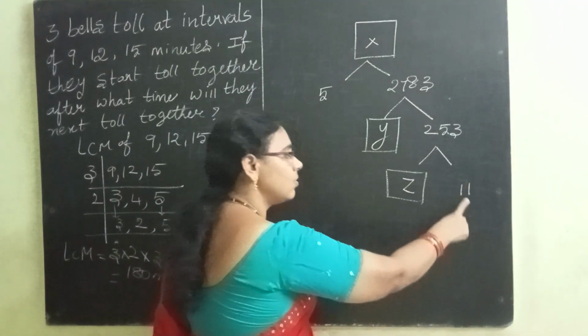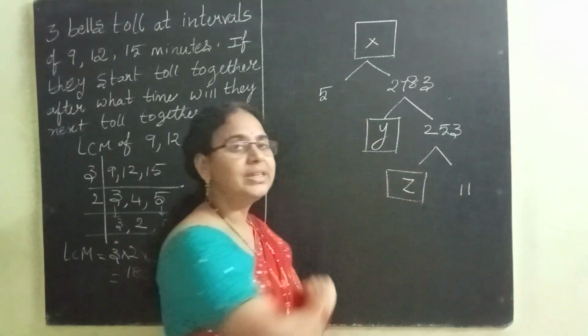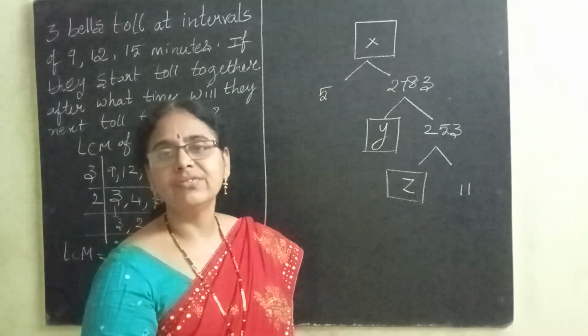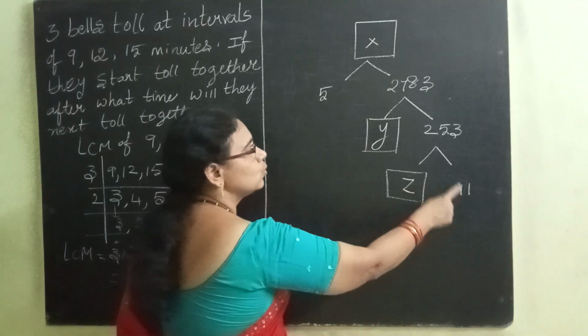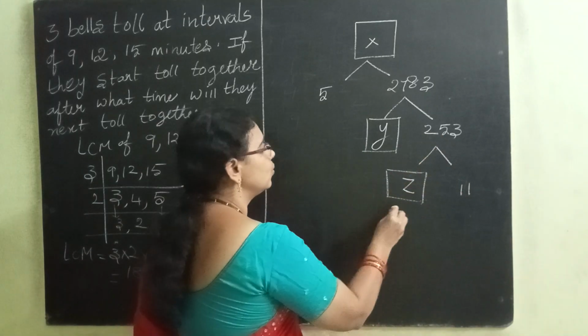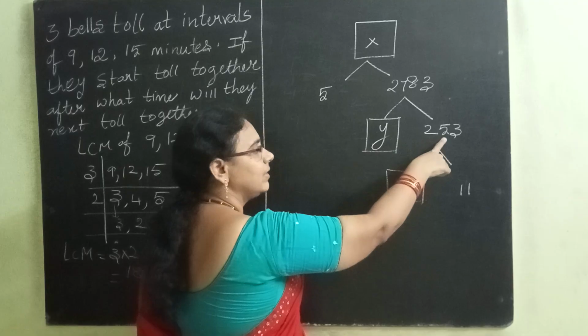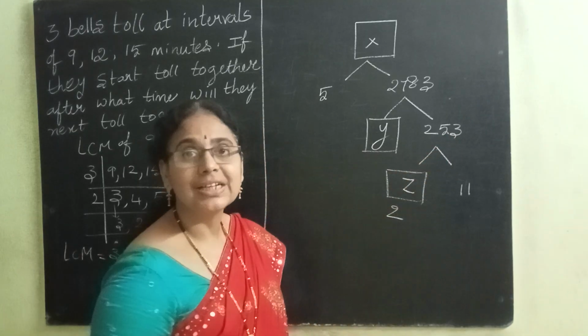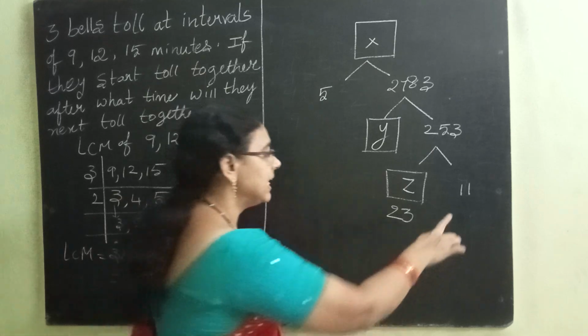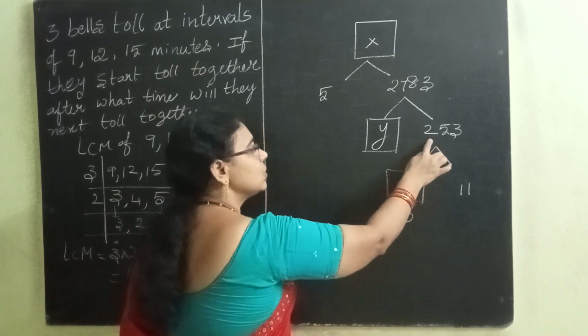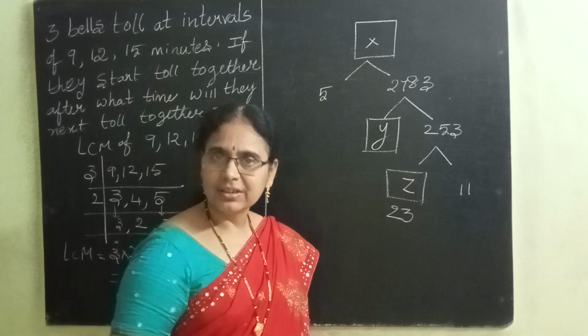How many times 11 gives 253? You have to go for division. 11 2s are 22. Okay, 3 is the remainder. 3 after 3, 33. 11 3s are 33. So, 11 23s you will get 253.